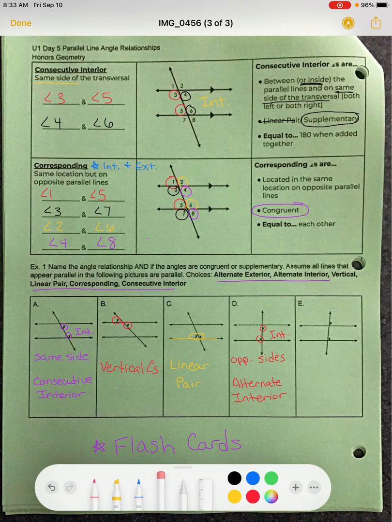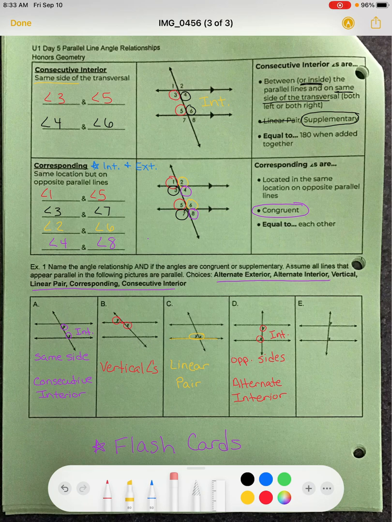Okay, and the last one we have, it looks like they're on the same side, but if this is the interior and this is the exterior, I have one on each of those. So this one is called corresponding.